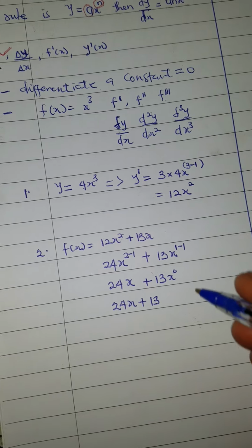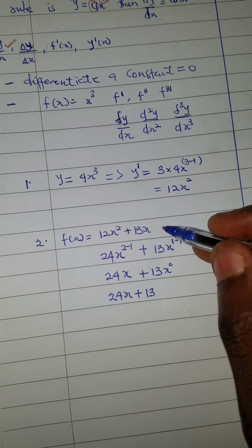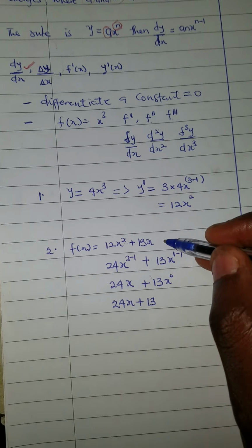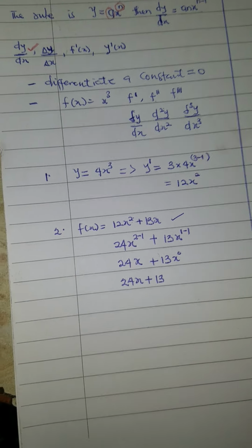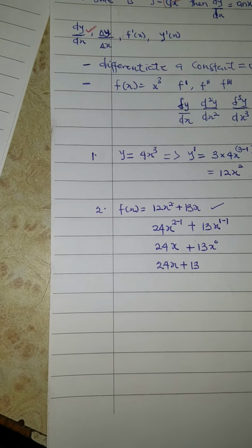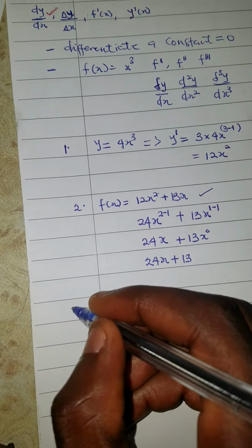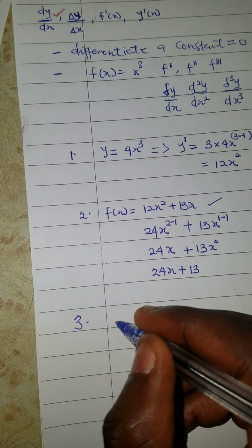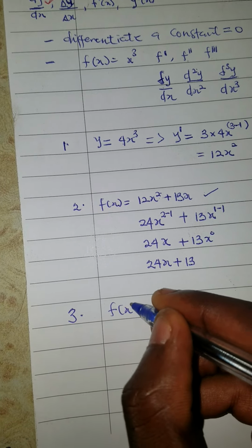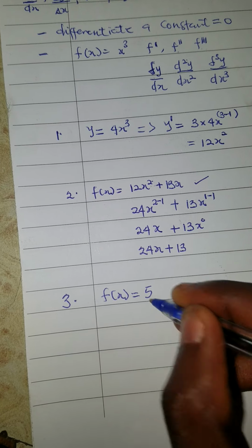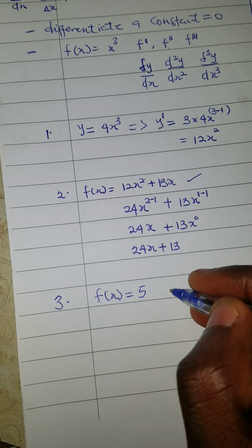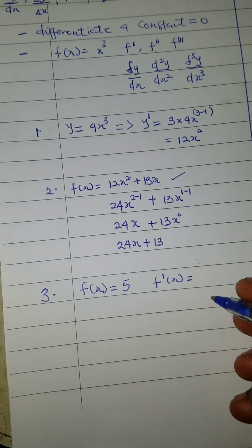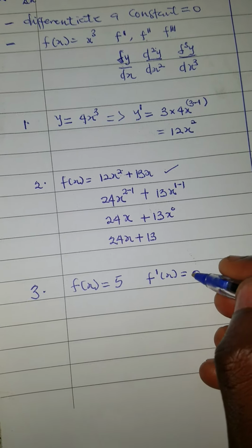You can use the first principle rule to solve this, and you get the same answer. Now also the last preliminary is, if you have been given f(x) to be equal to maybe a constant 5, if you differentiate this, f prime of x, what are you going to get? 0.